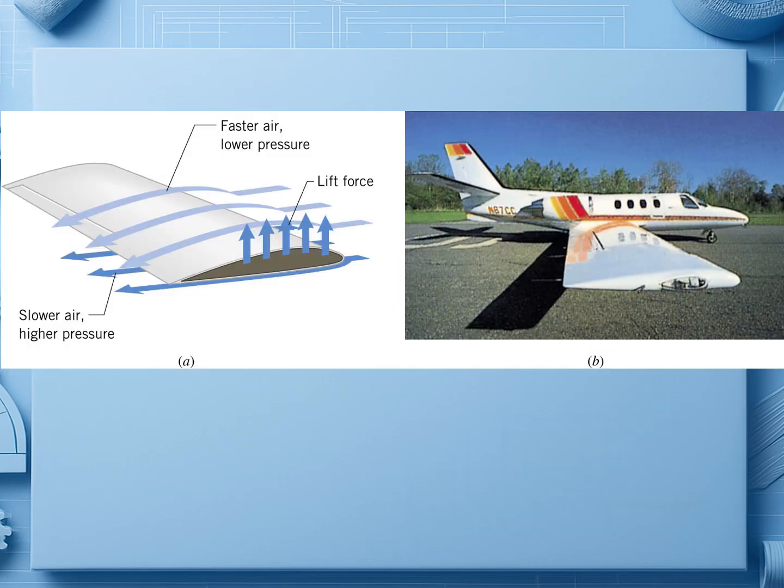Bernoulli states that an increase in the speed of a fluid occurs simultaneously with a decrease in pressure or a decrease in the fluid's potential energy. In this one, air moves faster over the top of the wing and slower beneath. This leads to lower pressure over the wing and is one of the factors that contributes to the uplift of planes.